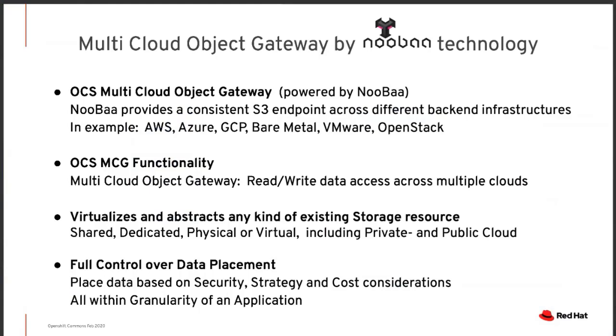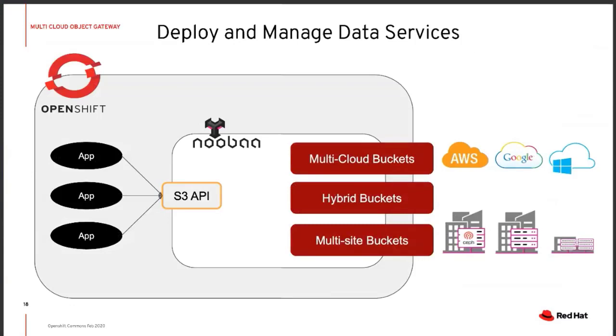So on the granularity of an application, that means per application you can have a policy that defines where its data will end up. So suppose an application runs on AWS, then you could say, I want to have the data of this application stored inside AWS, but also in a secondary location or a third, or those kind of things. That's all capable with the multi-cloud gateway powered by Noobaa.